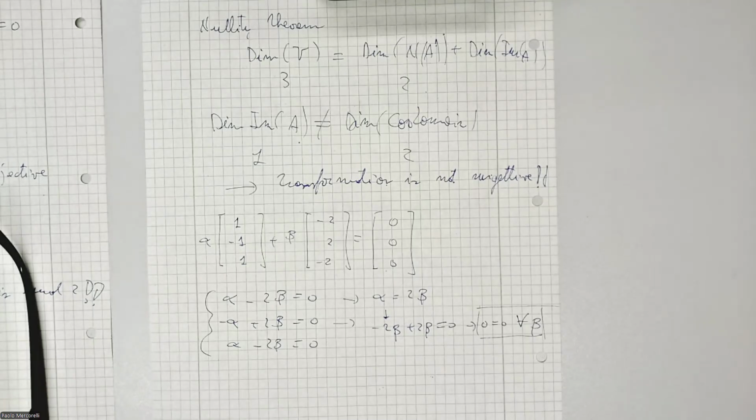In German, there is an interesting word, Aussagekraft. 0 = 0 has no Aussagekraft. But if 0 = 0 for each beta, that says something, I put in a condition. I mean, for each beta, you can put whatever you want. This is a condition in the sense that you can put whatever beta.